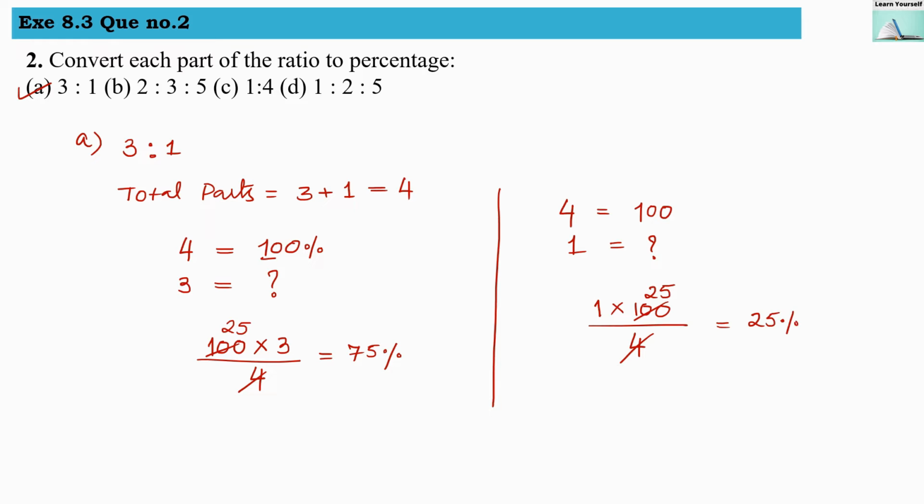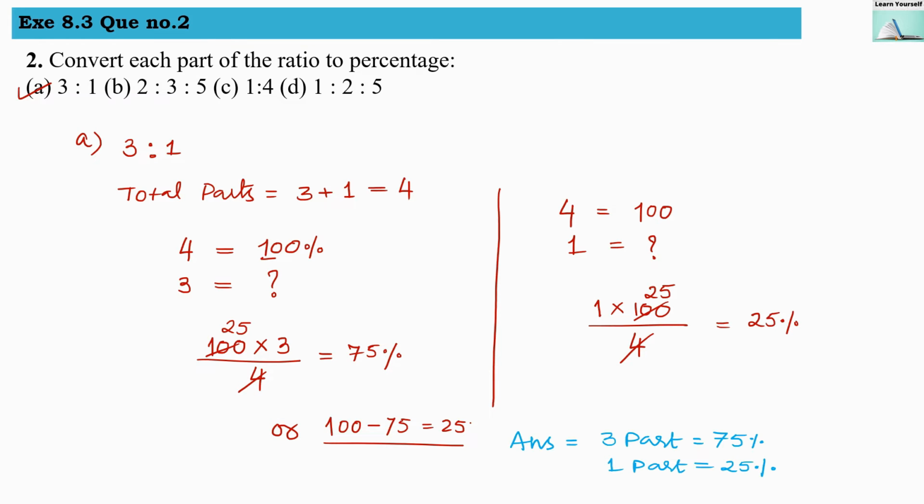So either you can find out both via the unitary method, or you can find out the first and then the second part you can subtract from the 100 and you will get the answer, that is 25%. This you can follow when there are only 2 parts. Our answer here is 3 parts equals 75% and 1 part equals 25%.